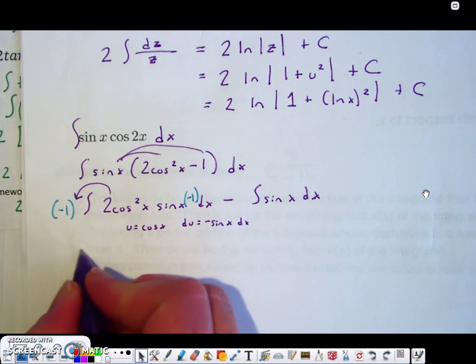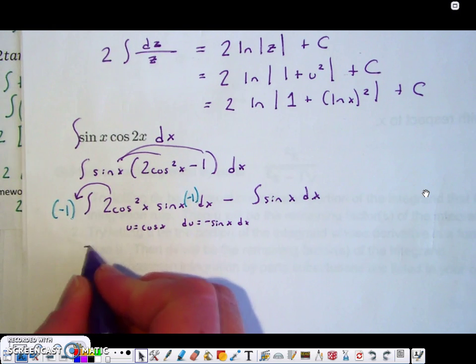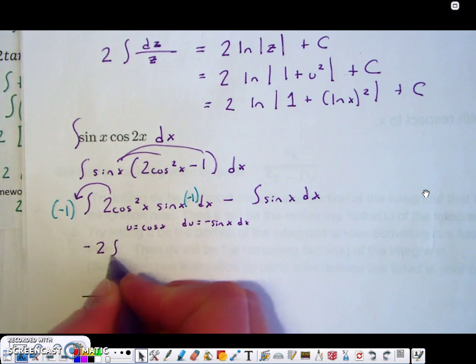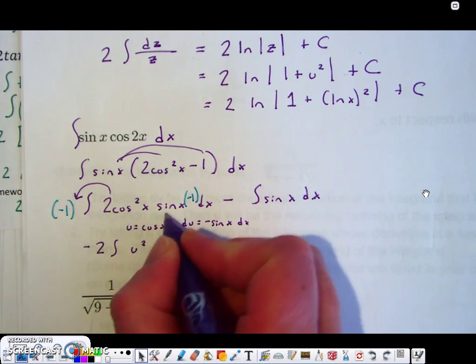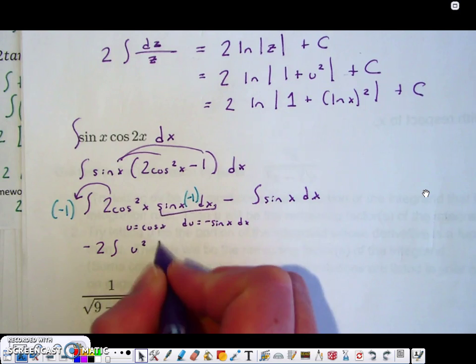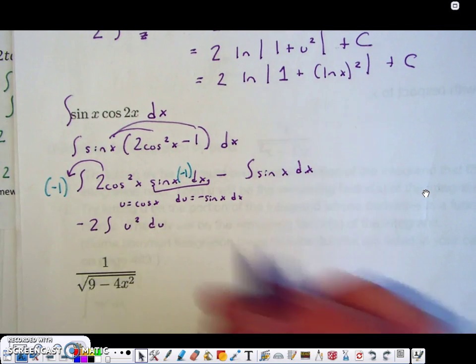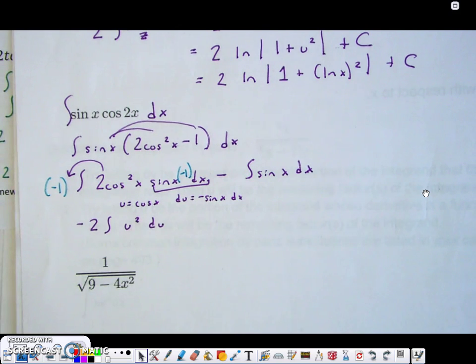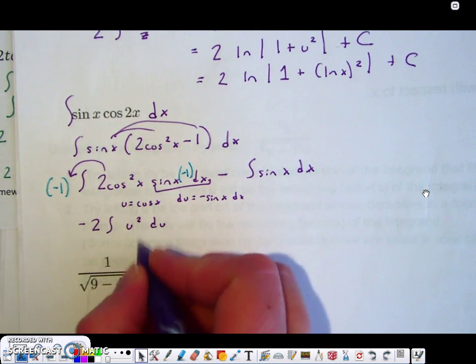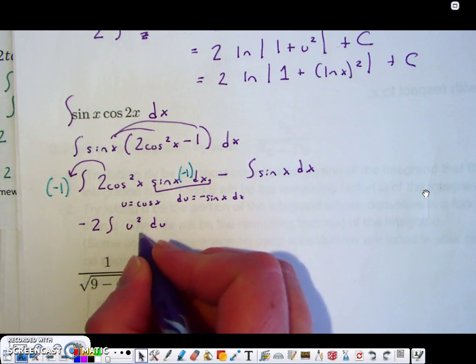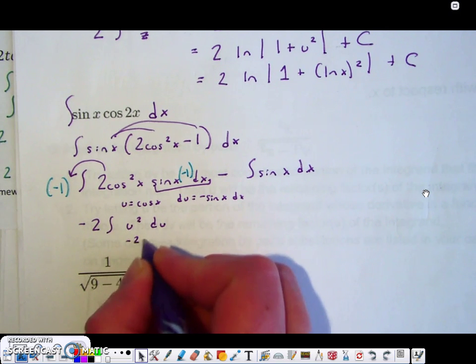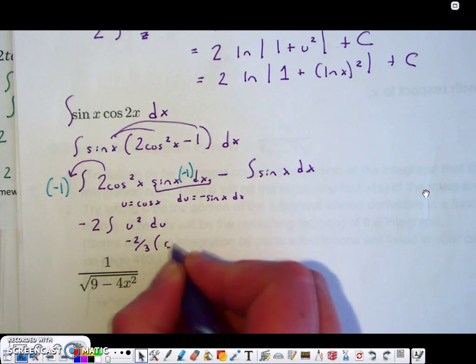Okay, so then if I rewrote this, go ahead and bring the 2 out at the same time. You'd have negative 2 integral of u squared, and all of this is your du. So then this would be 1/3 u to the third. So that would just be negative 2/3 u to the third.